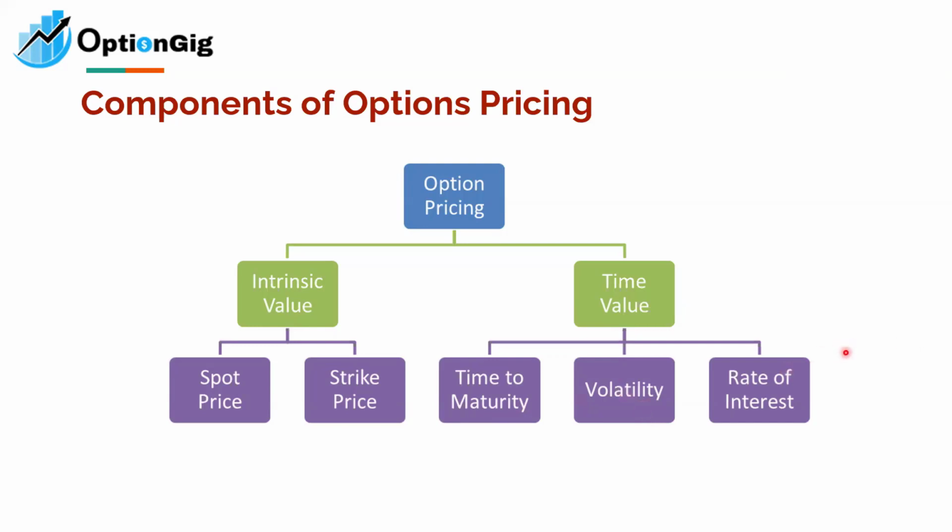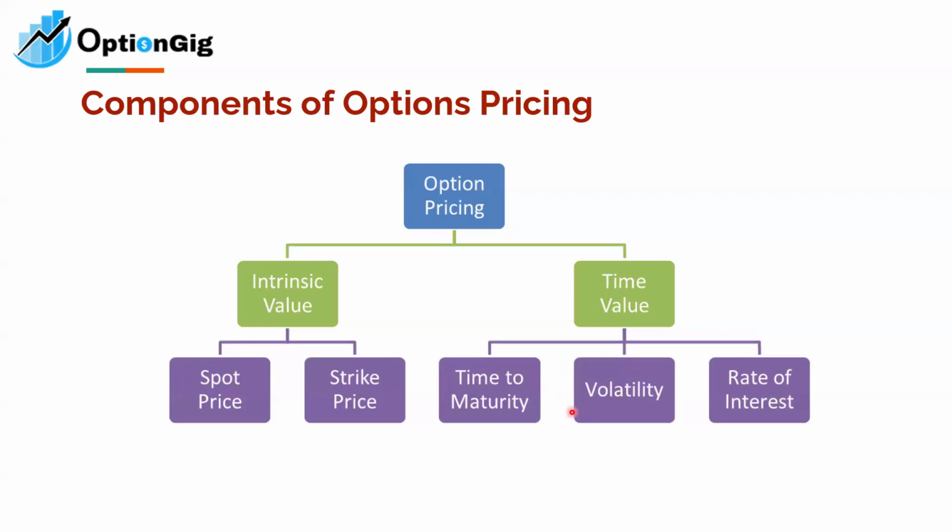What's the rate of interest? What's the risk-free rate of interest that is available in the market? The reason all these have an impact is that all these are the inputs that go into an option pricing formula. So if any of these things change, the overall option pricing will change.